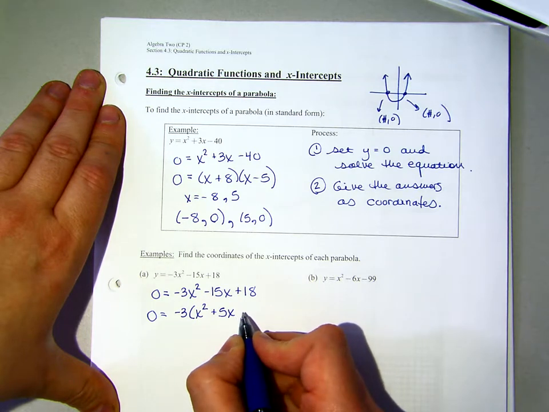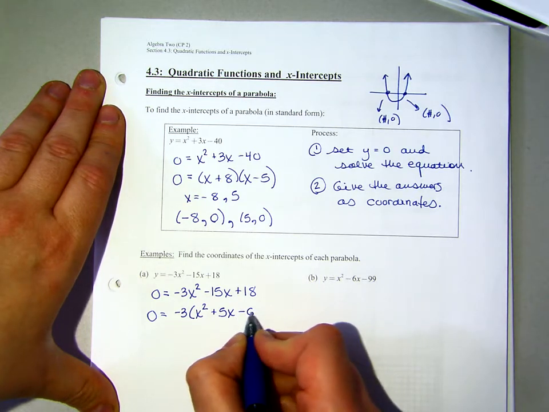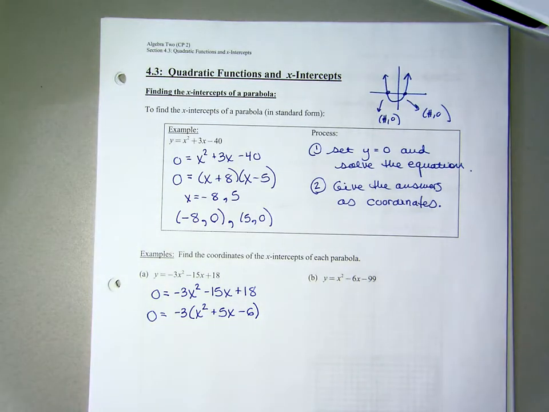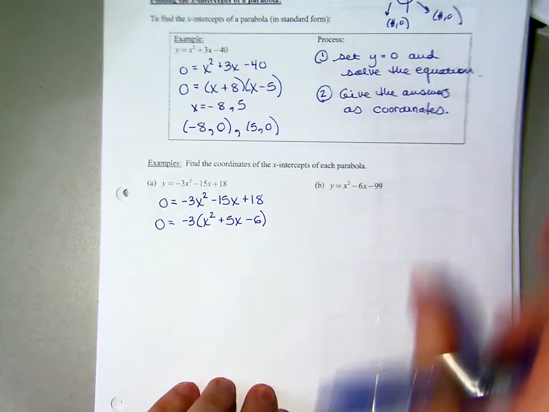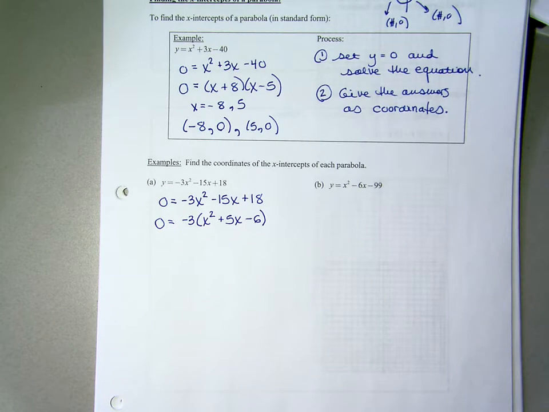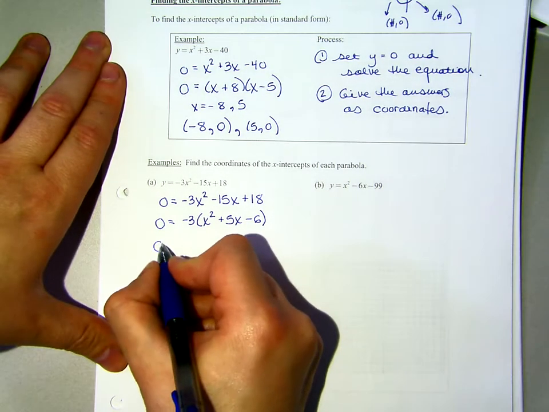Really close. What was that? Minus 6, because negative 3 times negative 6 will give you 18. Well, I feel like what's left is something you can handle. Go factor that thing. Maybe we'll do the solving part together because there's one little piece we have to discuss.